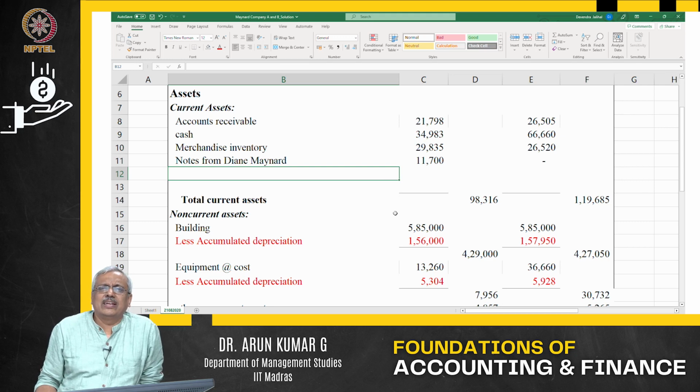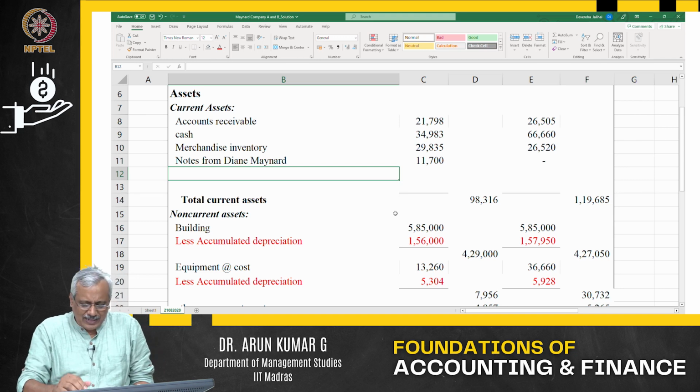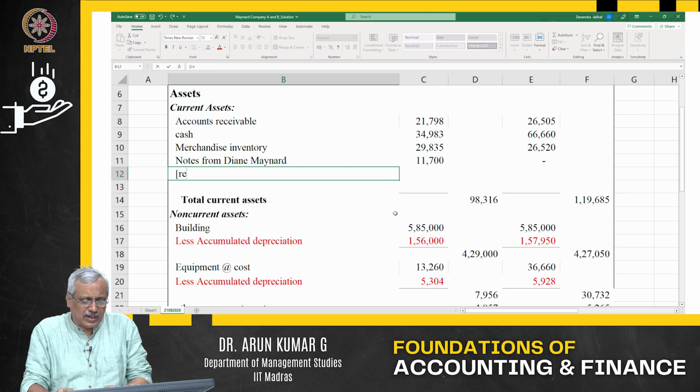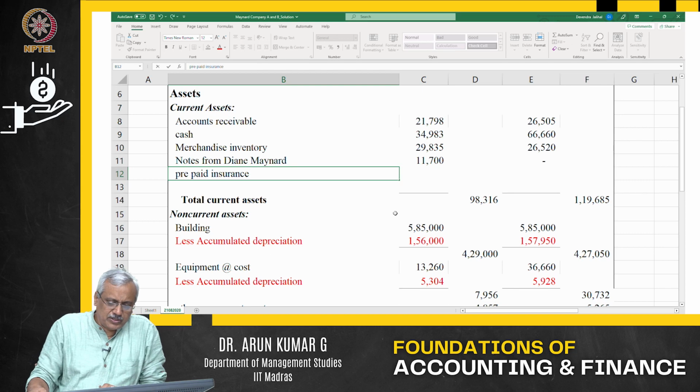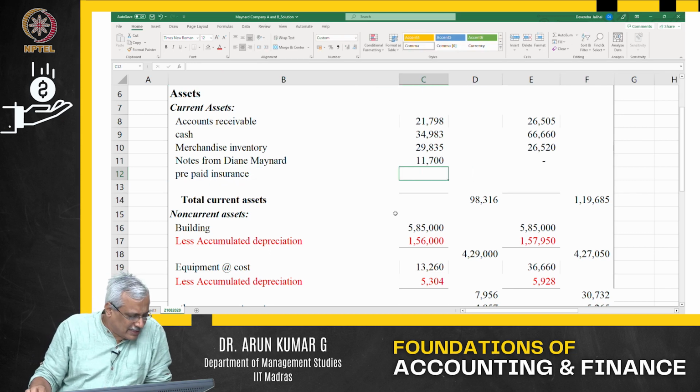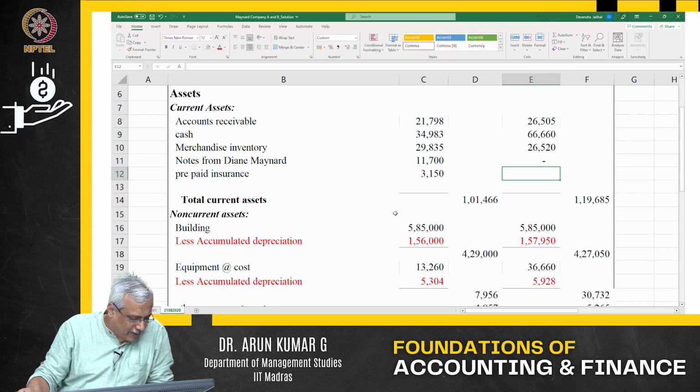Nobody is going to collect a 5-year premium from you because it is very, very difficult to assess the risk and everything. So, it is basically what you call prepaid insurance. Prepaid insurance in this particular case is about 3150 and then about 2826.